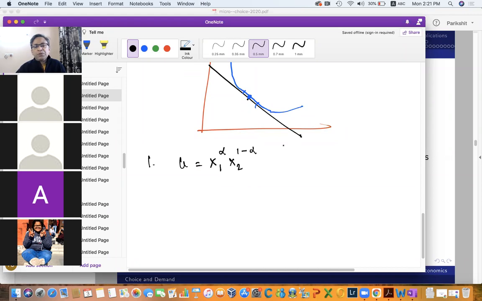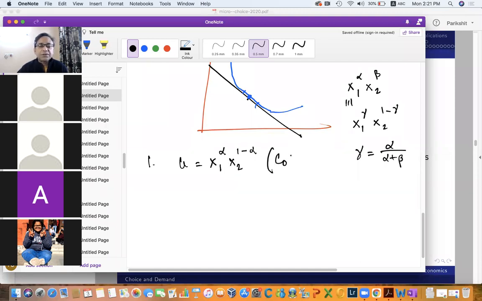In your problem set, there's a question where the utility function is of this form, and you're asked to show that there is an equivalent representation of the same preferences, which is of this form. For these two utility functions to capture the same preferences, we need this gamma to be alpha divided by alpha plus beta. So there's no loss of generality in taking this form, and this is called the Cobb-Douglas utility function.